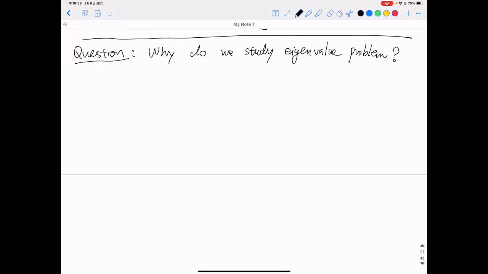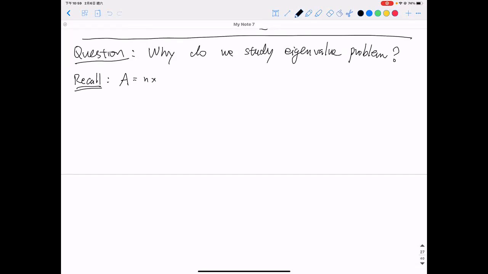I mean, given an n by n matrix, why do we even want to find its eigenvalues and eigenvectors? Well, we're not going to be able to answer this completely, but let's recall the following statement.